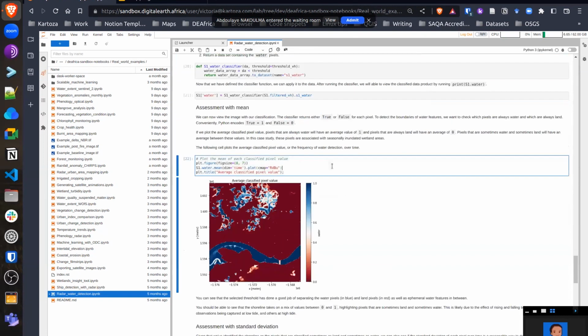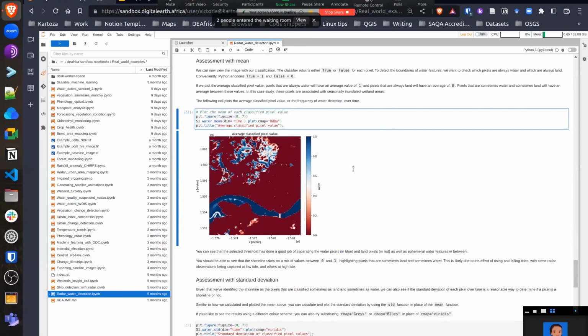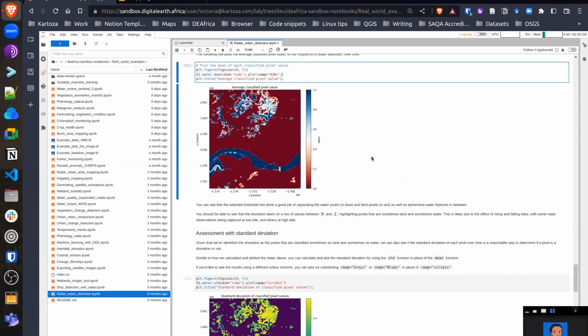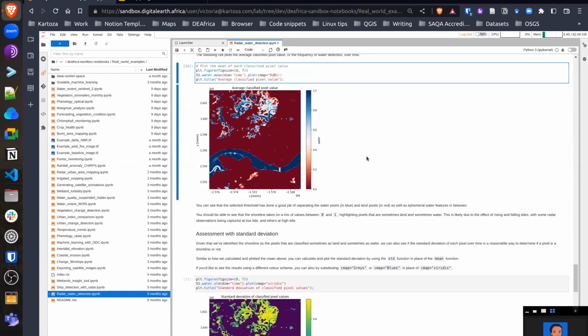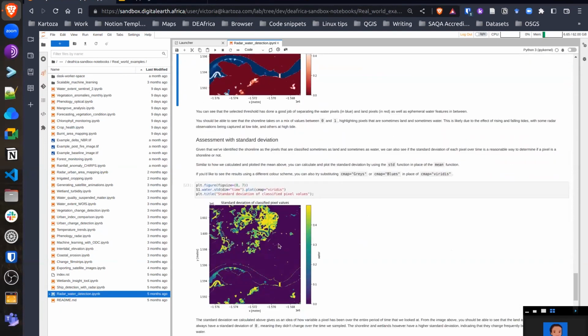Like I previously said, after we classify all our images, we then plot the average classified pixel value over time. So the dark red areas are pixels that are always land, and the dark blue areas are pixels that are always water. We can also compare the result using the standard deviation instead of the average value, so you can see how frequently images are switched between being classified as water and land.